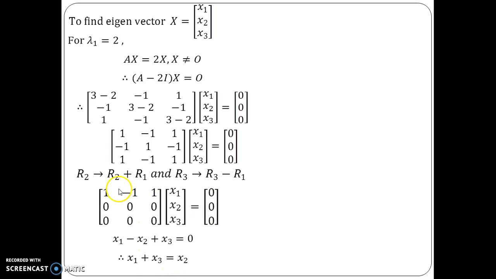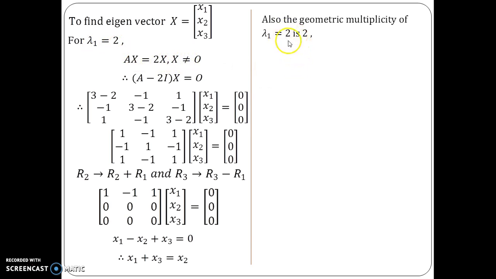Now observe this system of linear equations. If we remember the concept of geometric multiplicity, the rank of this matrix is 1, and the number of unknowns, or the order of the matrix, is 3. So the geometric multiplicity of lambda 1 equal to 2 is n minus r, which is 3 minus 1 equals 2.